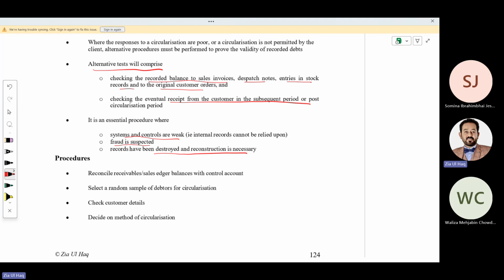If records are not available, in that case, we cannot verify receivables through alternative procedures, so we go for confirmation. So receivables confirmation is compulsory where there is a weak control system, where there are chances of fraud, and where records are not available to perform alternative procedures to verify receivables.